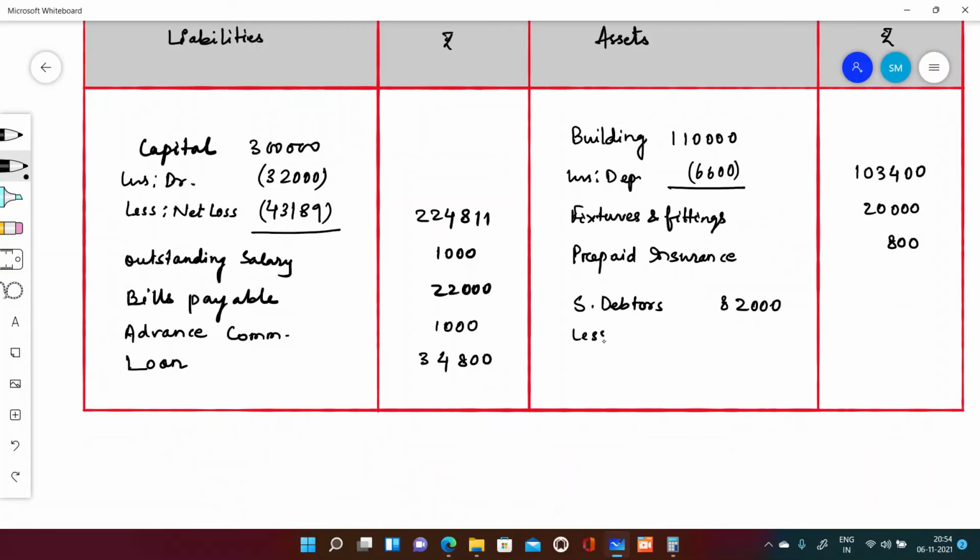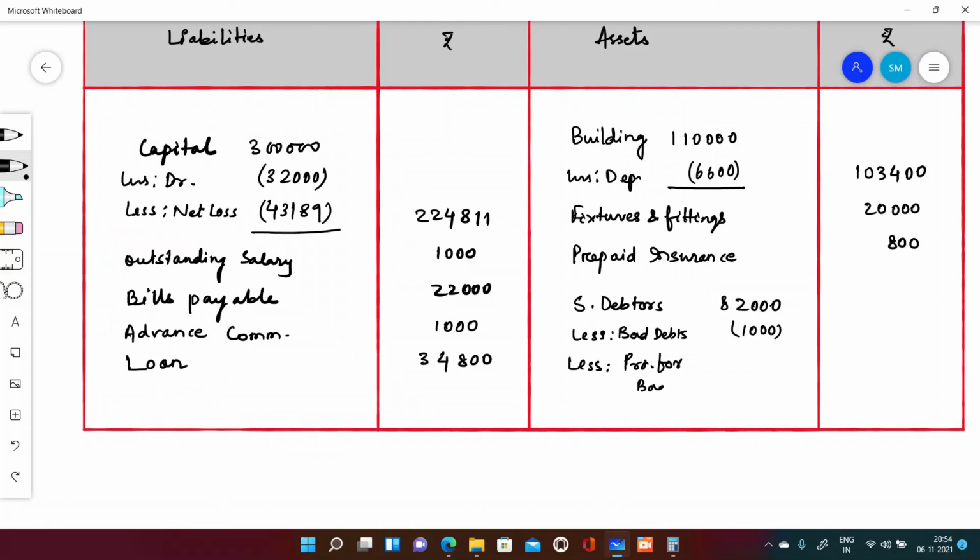Then less new bad debts, so that is your 1,000 rupees, less provision for bad debts, so that is your 4,050.